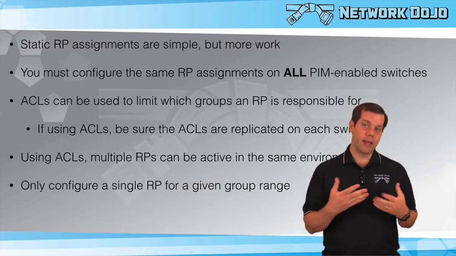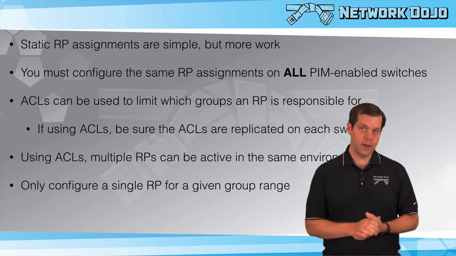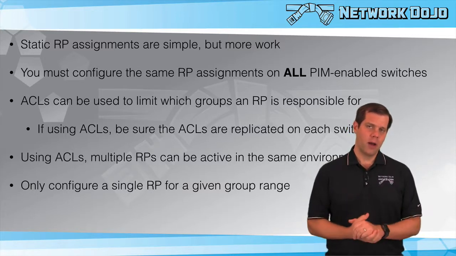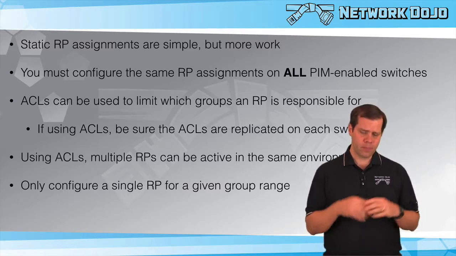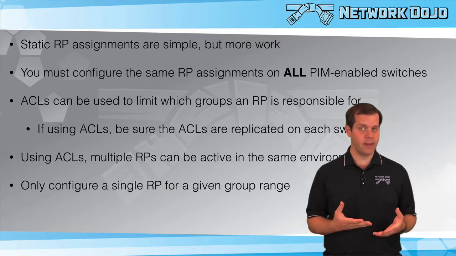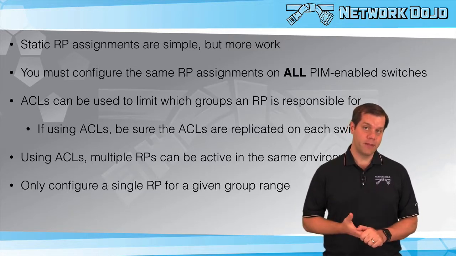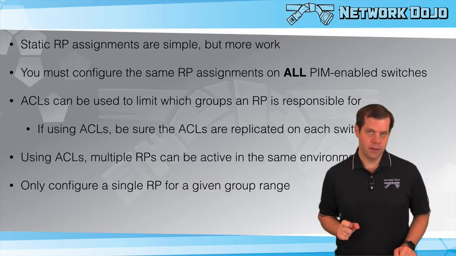Now, we could either just have one RP in the entire environment, and it's the RP for every single multicast group out there, or we might be asked to start doing multiple RPs, or limiting the scope of which groups map to a particular RP. And when we do that, we use ACLs to limit the scope. So we'll see that we basically use permit statements in an ACL, and if an ACL permits it, then that is the RP involved.